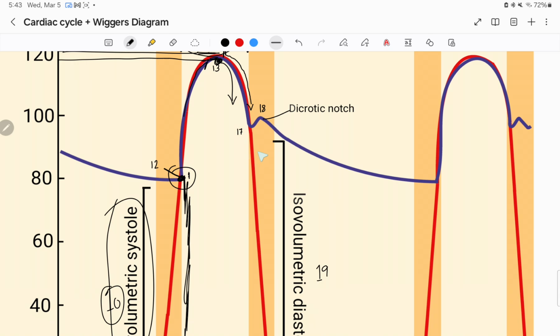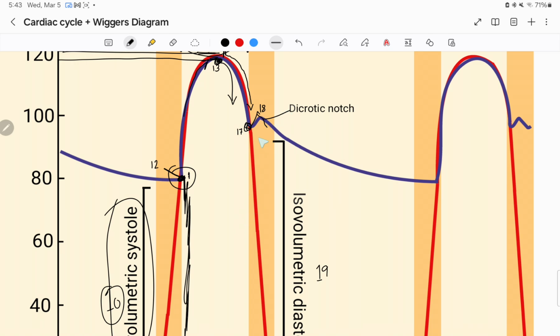Why is it there? Well, it's there, guys, because when the semilunar valves close, which happened right here at this 17 point, they're going to cause a sudden, slight increase, in fact, in the aortic pressure, just because it closes very rapidly, and it causes a slight increase in pressure, which then dies back down.